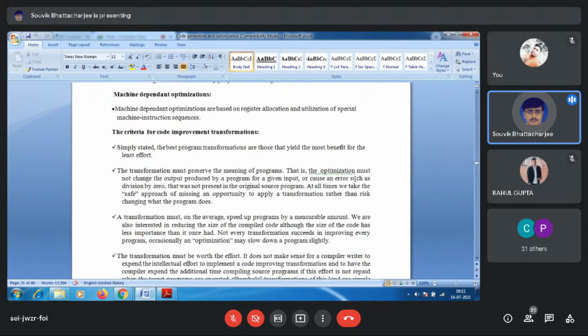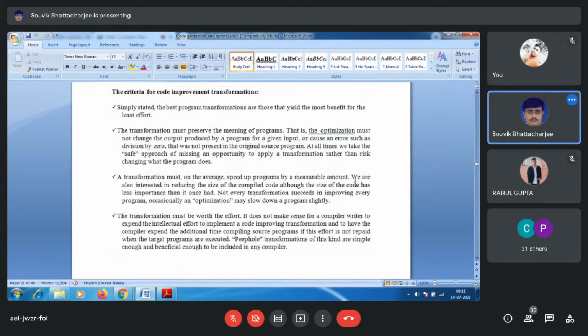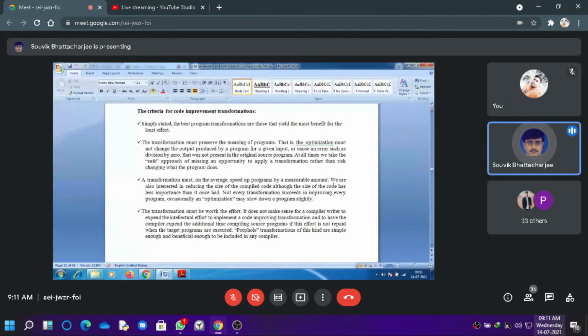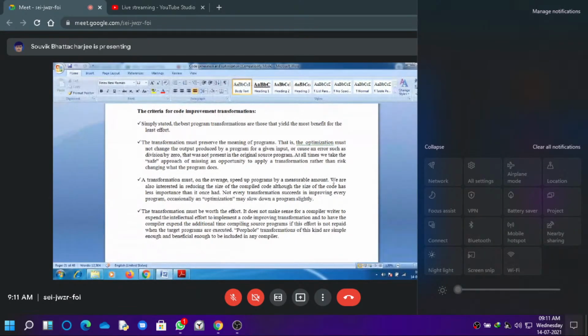What are the criteria for code improvement transformation? The best program transformations are those that yield the most benefit for the least effort. Number one, the transformation, that is the way you are optimizing the code, must preserve the meaning of the program.